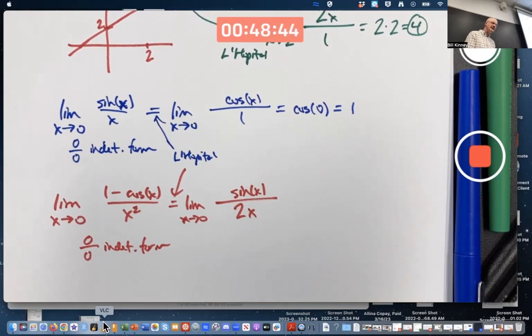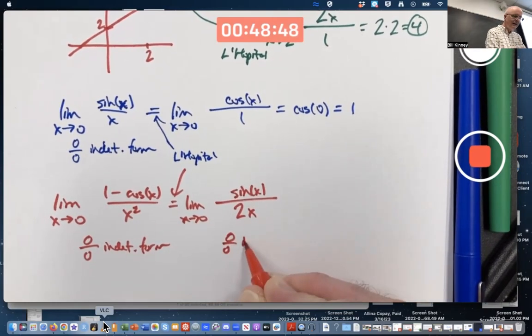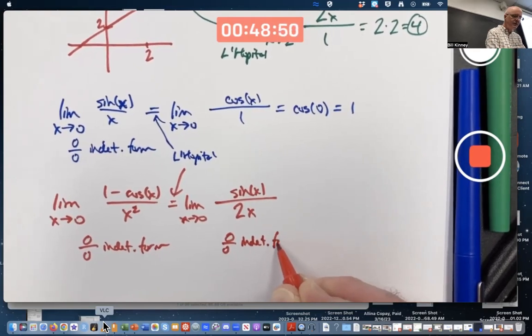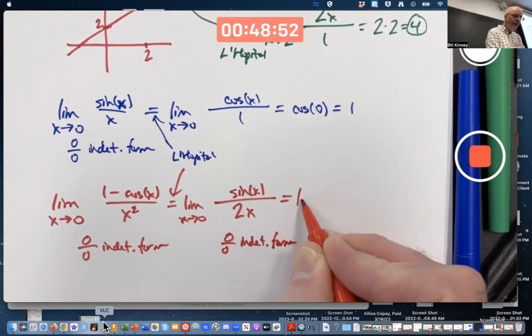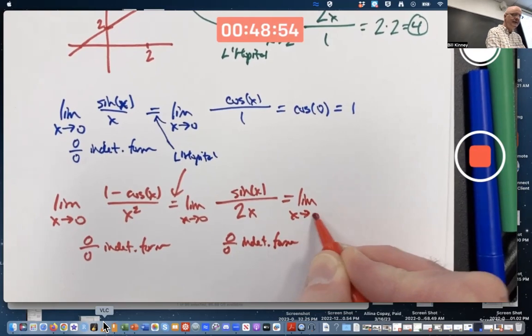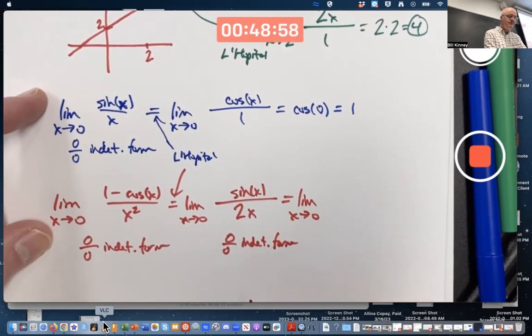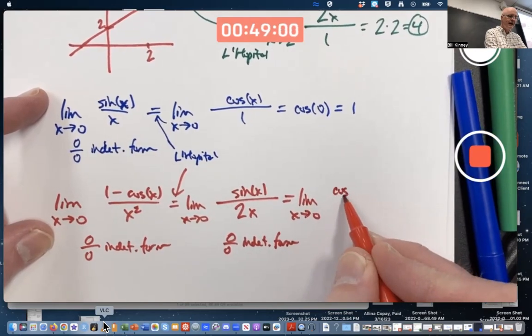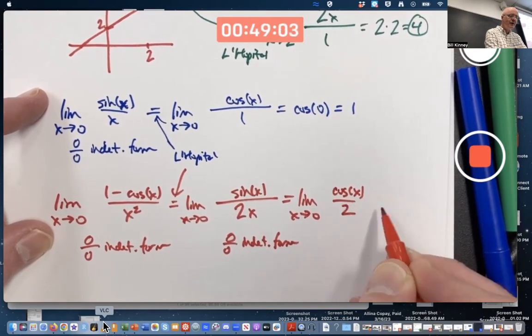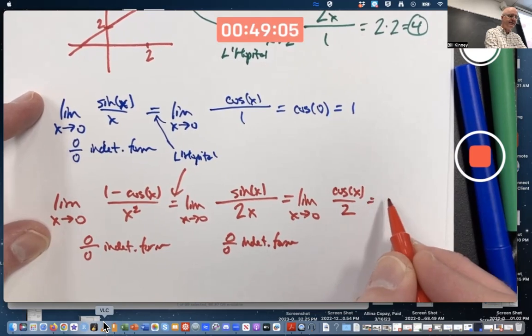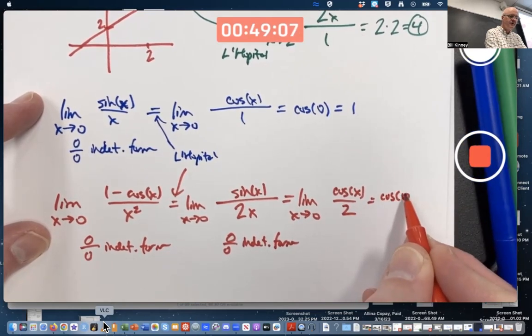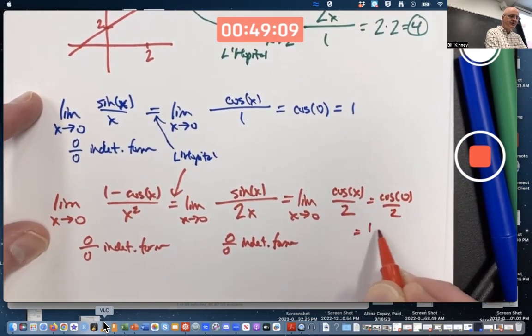It's still an indeterminate form. We can try to use L'Hopital's rule again. In fact, it's not too dissimilar from this problem, is it? Take the derivative of the top and the bottom, cos x and 2, and now that is something that can be evaluated by substitution. The final answer is 1/2.